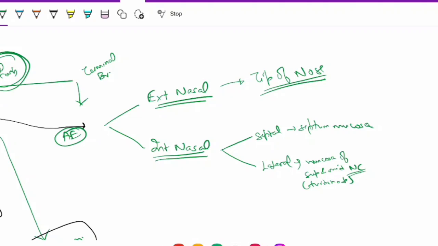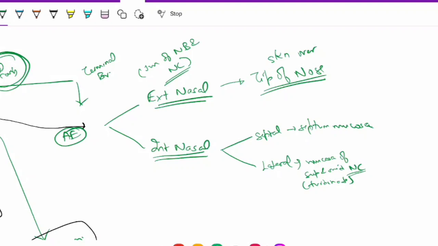So external nasal supplies the skin over the tip of the nose. Where does it come out? It comes out between the junction of nasal bone and nasal cartilage. So these are your branches at the level of the nasal cavity.